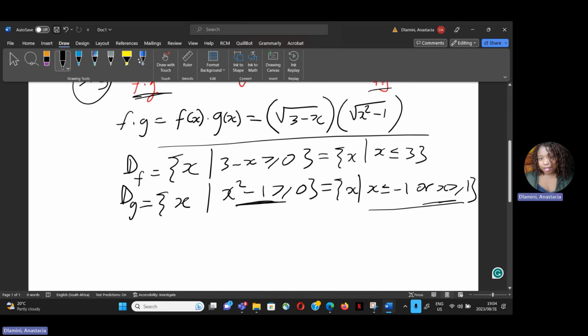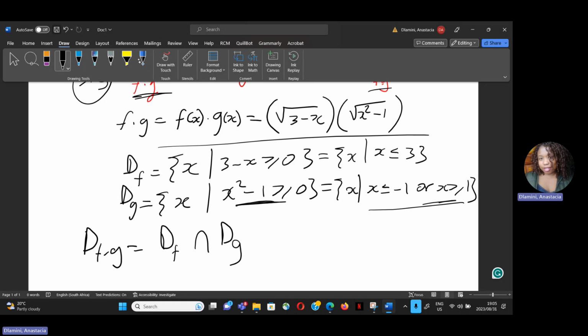So we found the domain of f of x and the domain of g of x. Now to find the domain of f of x times g of x: according to our notes, the domain of f of x times g of x is equal to the intersection of the two individual domains, meaning the intersection of the domain of f and the domain of g.